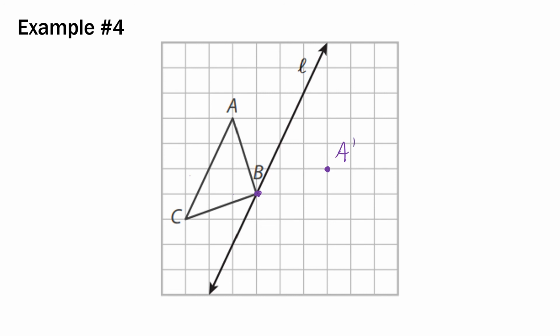So I'm going to go down 3 and to the right 1. And so if I were to graph perpendicular lines with my line of reflection, I could see that A and A prime and C and C prime would end up on the same lines.